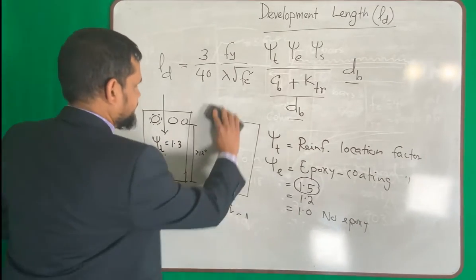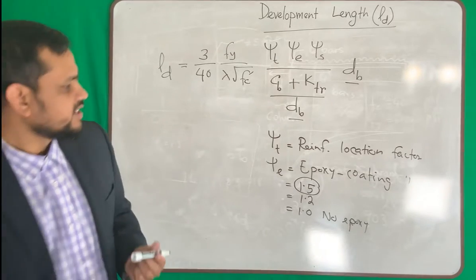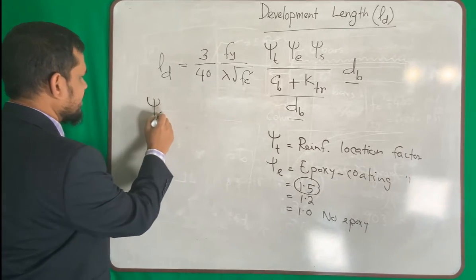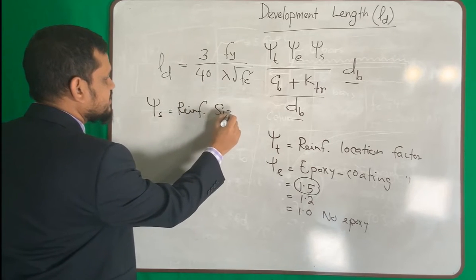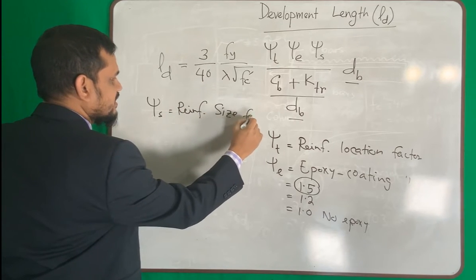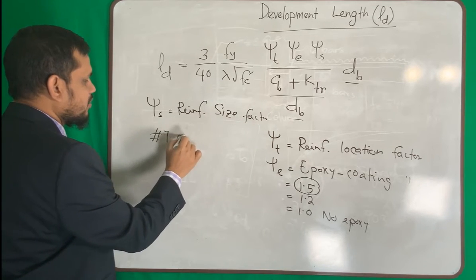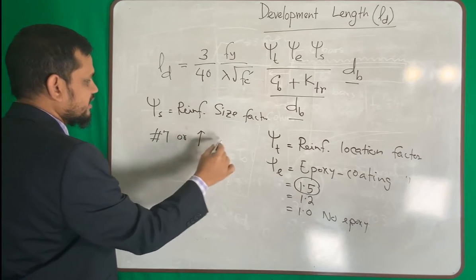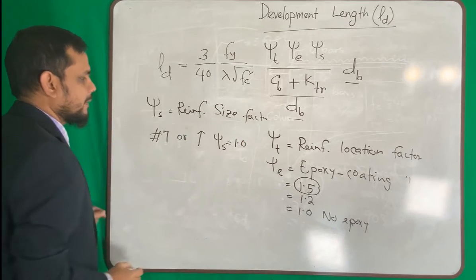Okay, so then the third one is the size factor, the reinforcement size factor. What is that? If your bar is number 7 or higher, this factor is 1.